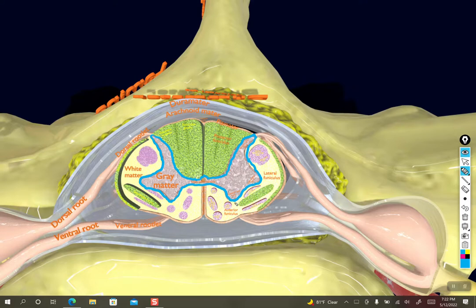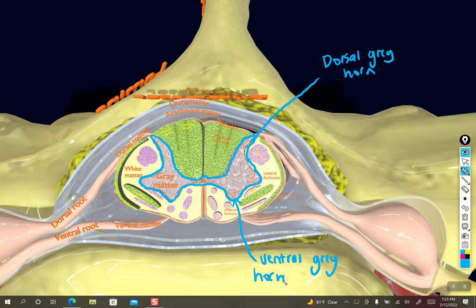The bottom does not, and that's a really easy way to orient yourself and figure out which side of the spinal cord is which, because the dorsal gray horn touches the edge of the spinal cord segment, and the ventral gray horn doesn't.